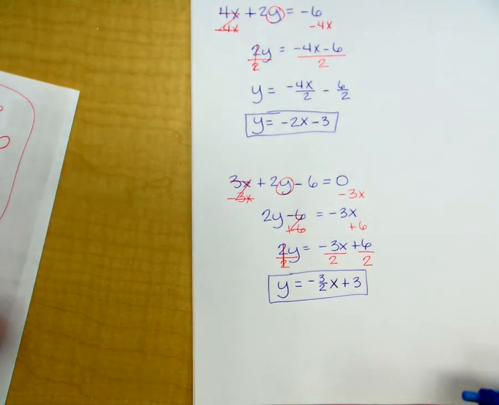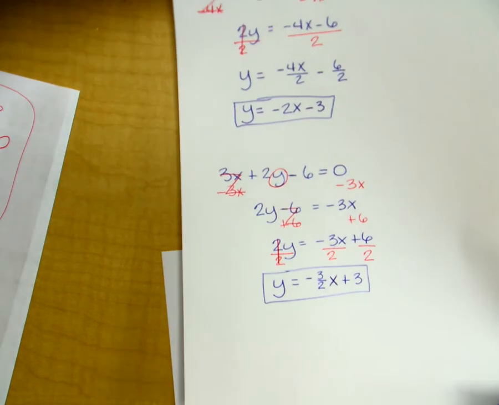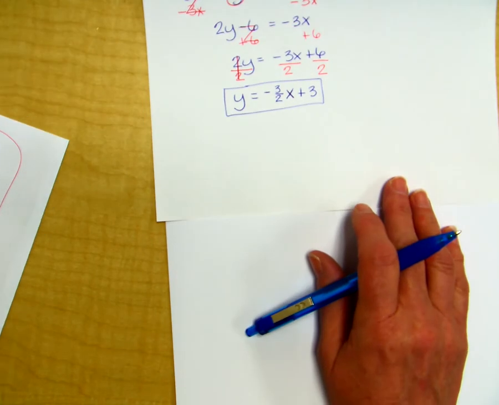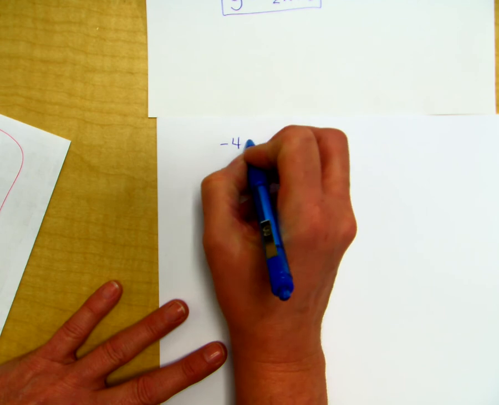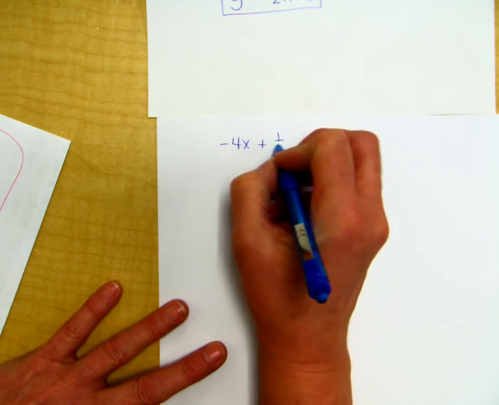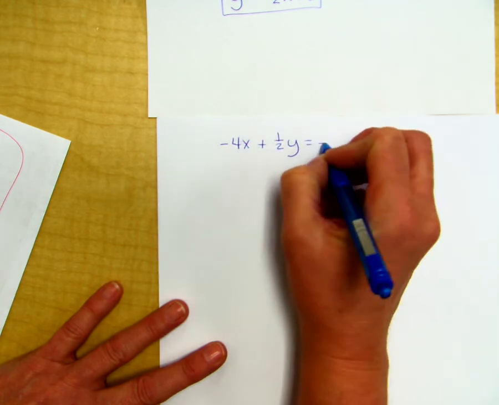Our third example has a fraction. That example is -4x plus 1/2 y equals -1.